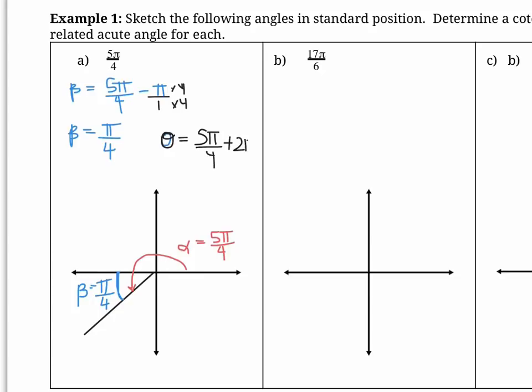Again, you could also subtract. So theta is going to equal 5 pi over 4 plus 2 pi over 1, and we're going to multiply by 4 and multiply by 4, so that we have 5 pi plus 8 pi, which gives us 13 pi over 4. So there we have a coterminal angle.